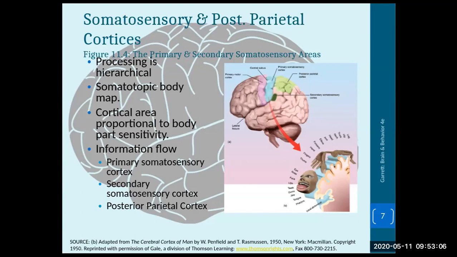So we also see that the trunk at the top of the page is the largest proportion of our body, right? It goes from basically the shoulders and chest all the way down to almost the knees. That's our trunk. And even though that's the biggest proportion of our body, that's one of the smallest areas of the brain dedicated to it. Why is that? We don't have a lot of nerves.